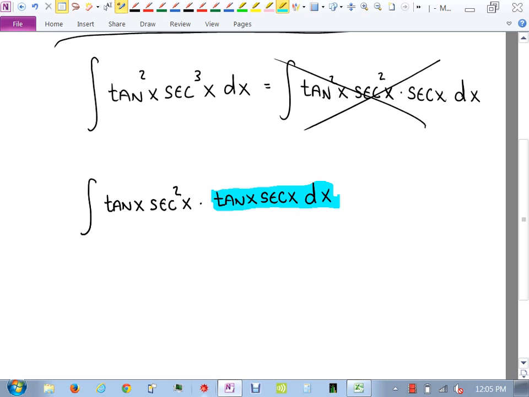That's still the same original problem. I have two tangents, that's tangent squared. I have 3 secants. But I've peeled the tangent secant off the edge because tangent times secant, or secant times tangent, is the derivative of what? Secant. This is not secant because you have secant squared, but then you have this tangent sitting here still. Yes.